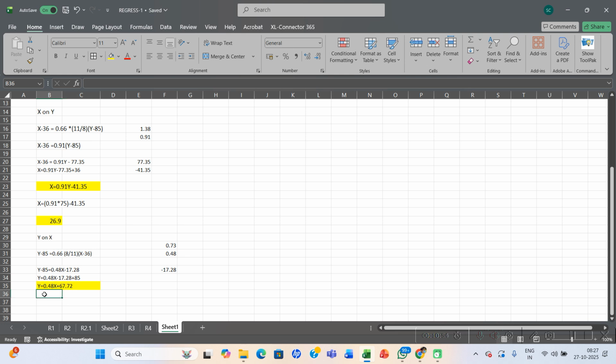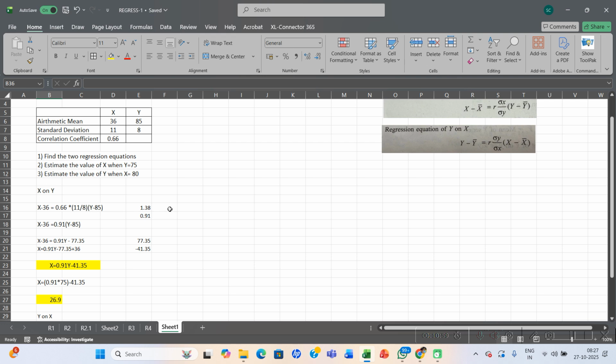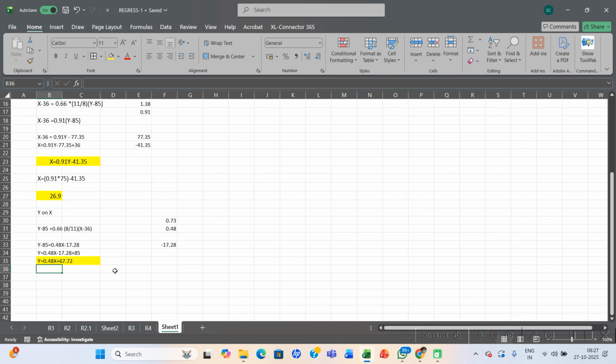Now you can find the value of y if x has been given, and here the x given is 80. So x equal to 80.